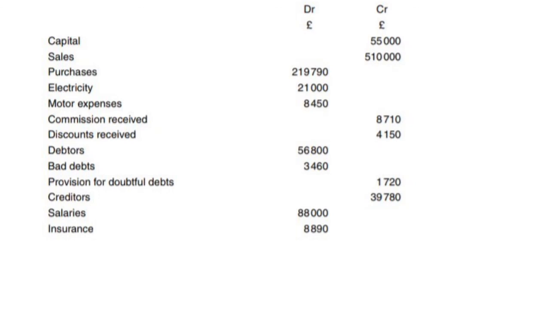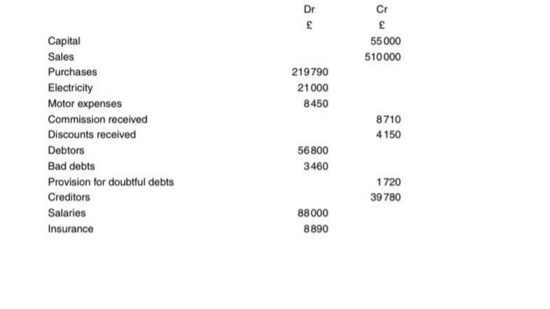Then we have motor expenses amounting to 8,450. Then we have bad debts amounting to 3,460. I'm sure we are through.